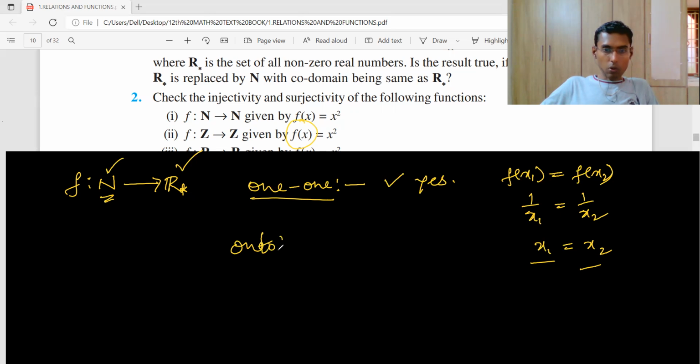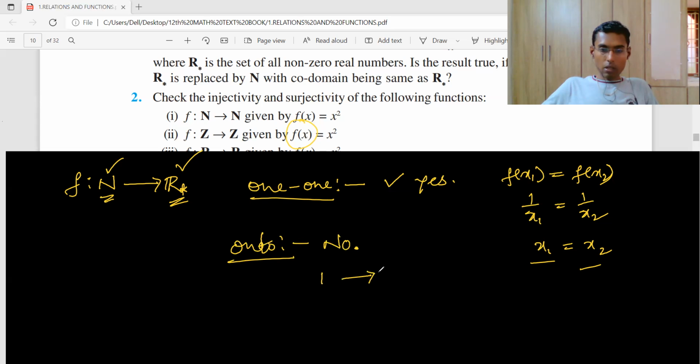So how do you check onto? The codomain is R star, the range is something else. How do you prove it? The pre-image does not exist. All the images are fractions. For a natural number, there is no pre-image.